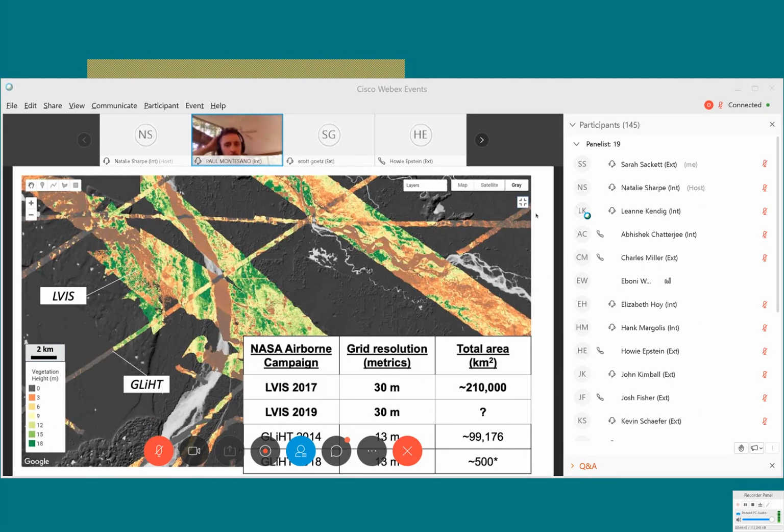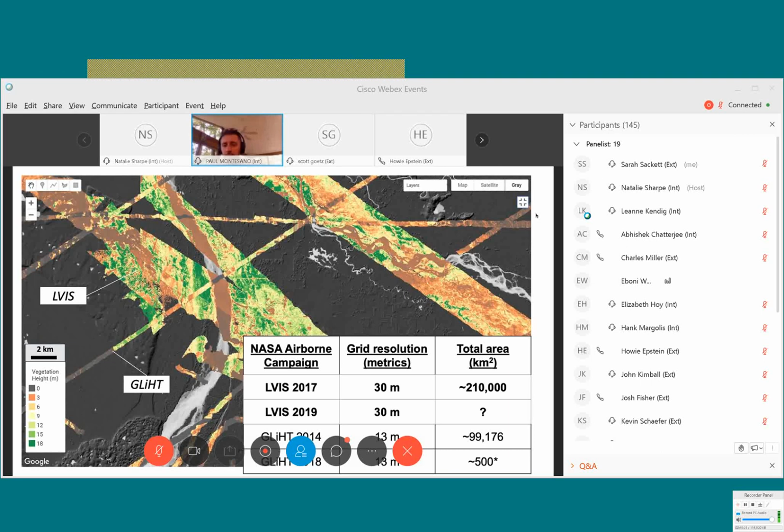So these gridded GEDI data stacks have extensive coverage across the ABoVE domain, as probably a lot of you know by now, which, in addition to the detailed vertical structure info, is a fantastic and kind of unique feature of this data set. It's really rare to have such a geographically extensive LiDAR data set across remote boreal landscapes. So in GEDI 2017 data, the grids by our calculation covered about 210,000 square kilometers. GEDI 2019, we haven't calculated it yet, but maybe twice as much.